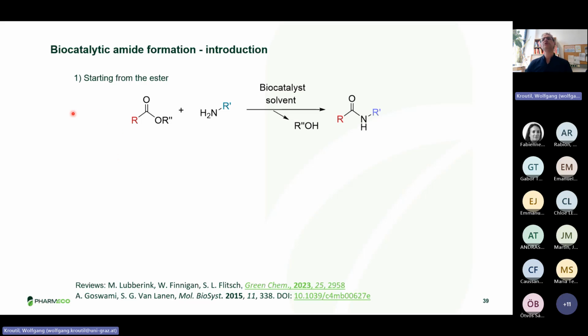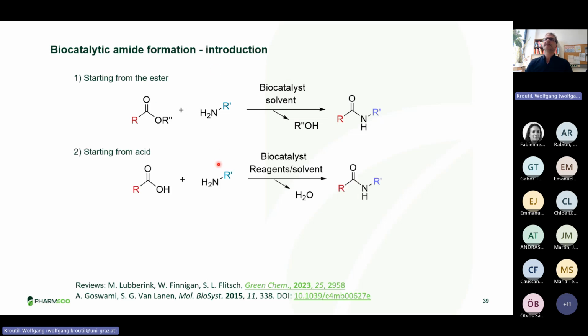There are the options starting from the ester using a biocatalyst, starting from the acid as a second option. We could also start from the nitrile, and there are some other very specific options, but in general you would start from the acid or from the ester.